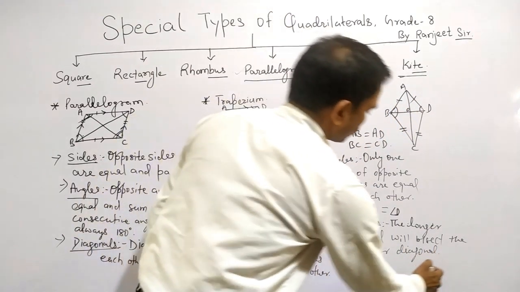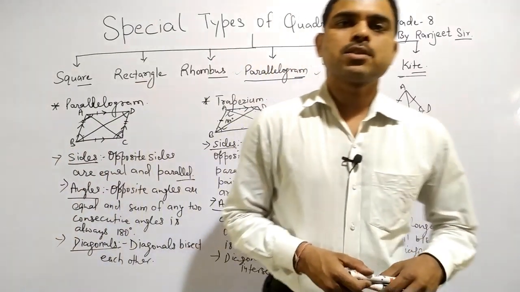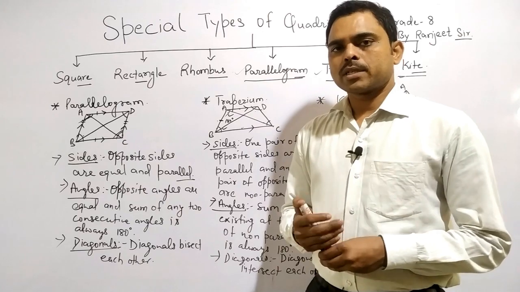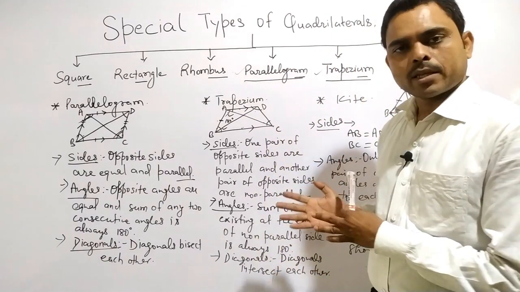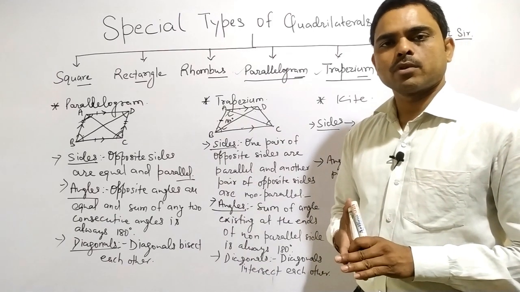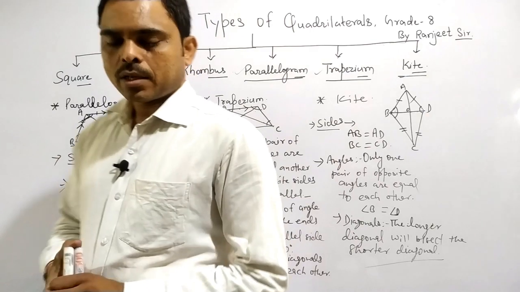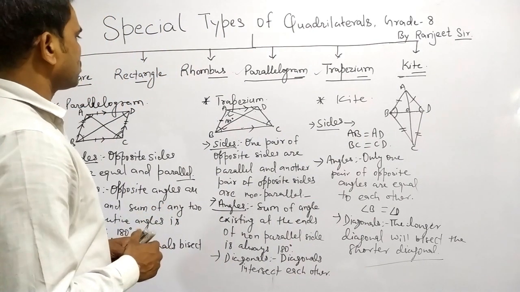Okay. So here we have seen the properties of all the special 6 types of quadrilaterals, and now we are friendly, I think, with the properties of all the special types of quadrilateral. One more thing is there about how we categorize it also.